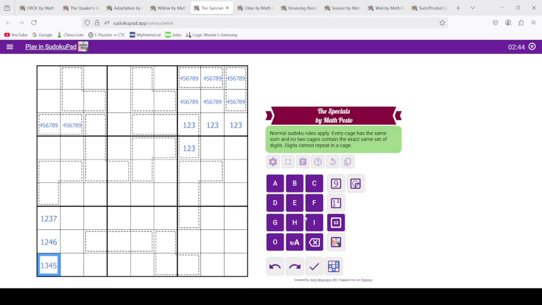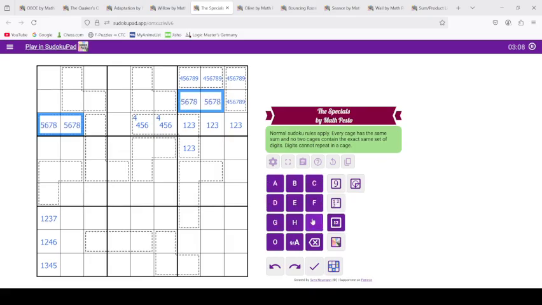Those are the 3 different ways to add up to 13 in 4 digits. So, we have 4, 5, 6, or 7. It's not 1, 2, 3, 7, so it is 4, 5, or 4, 6. This definitely has a 4 in it.